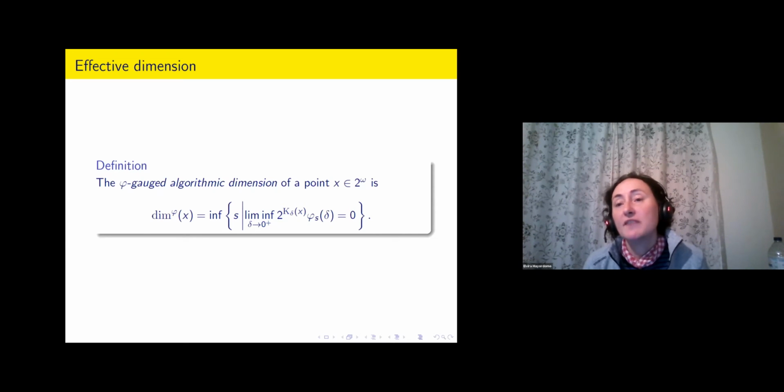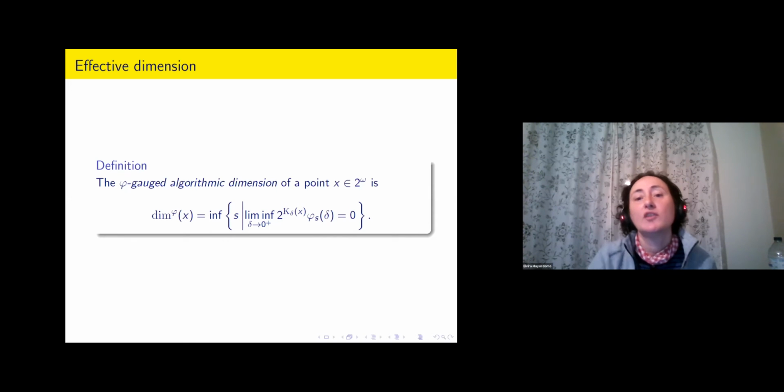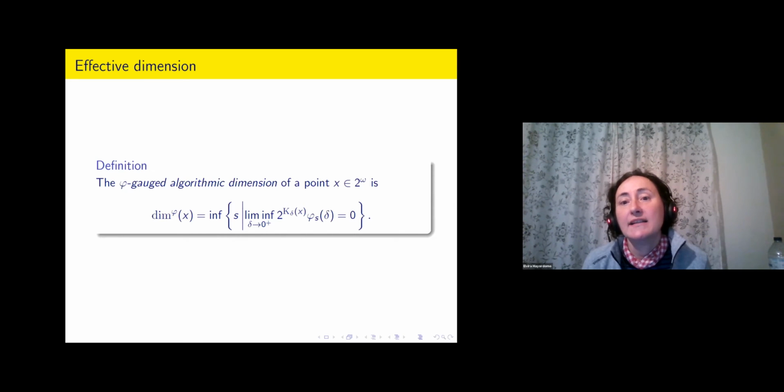If you use a different gauge function, you're going to compare 2 to the K delta with, actually, you're going to look at the places where this equality holds. So the limit of 2 to the K delta times phi(s) equals 0. So it's like you're looking at places where you compare K delta of x with the minus logarithm of phi(s) of delta.